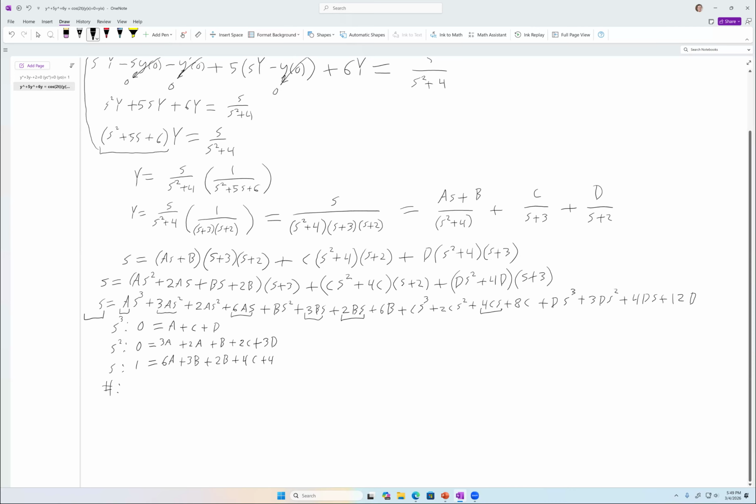Okay, cool. And then lastly, how many constants do we have on the left side? We have none, so that'll also be 0, equal to 6B plus 8C plus 12D.